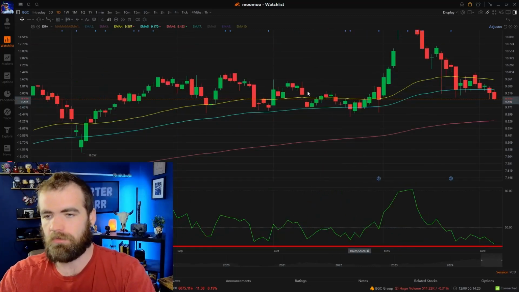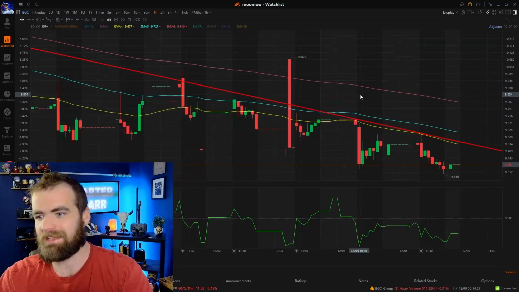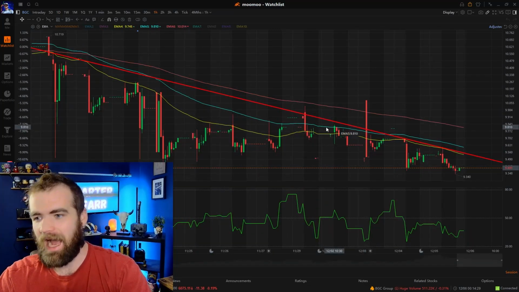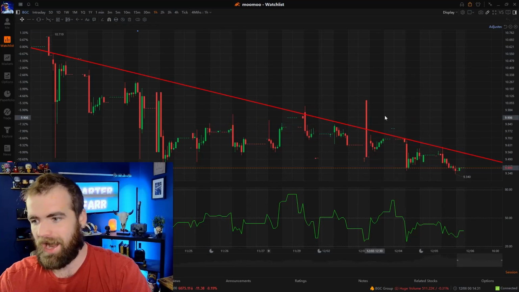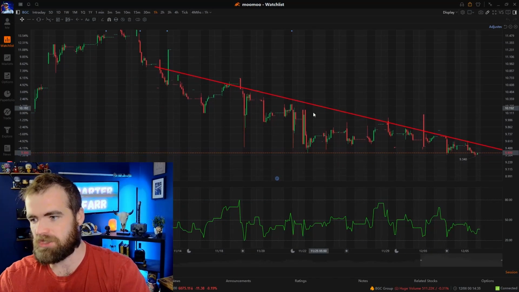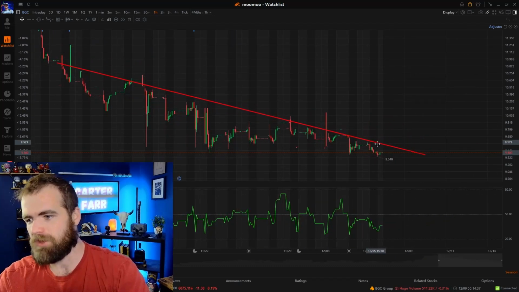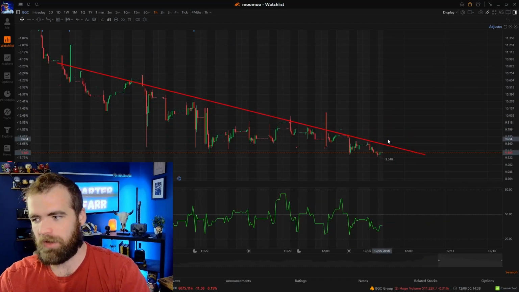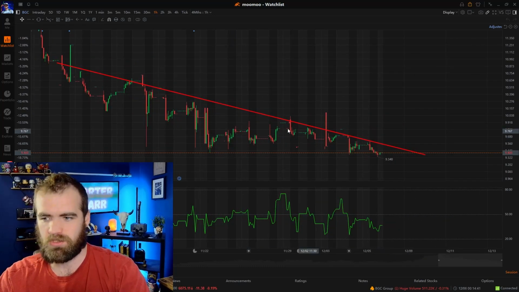You also could enter at a lower time frame like the hourly, and you enter on that breakout above the trend. You guys can see just that general downward trend. You would get in on that breakout above it going in this direction.